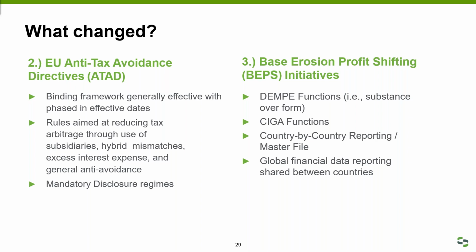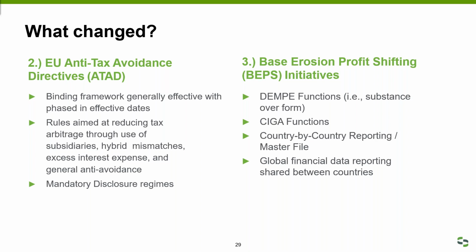There are these new DEMPE functions, development, enhancement, maintenance, protection, and exploitation: where is the substance? What we used to be able to do by placing IP in foreign jurisdictions, by not having any employees and setting up shell companies, those days are for the most part over.